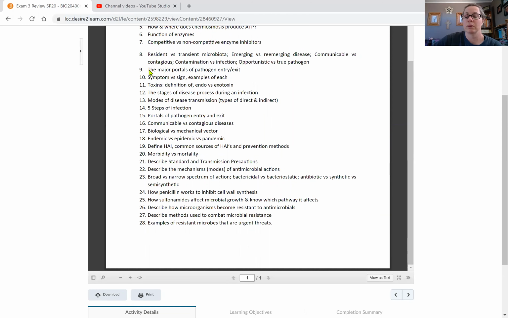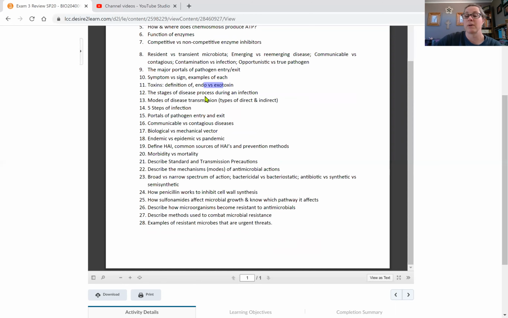Pathogens, portal of entry. Okay, remember skin, mucous membranes, placenta, things like that. We talked about signs and symptoms. Toxins, what is a toxin? There's different types of toxin, and know the difference between endo and exotoxin. Remember, gram negatives are associated with one of those, so make sure you look that up.